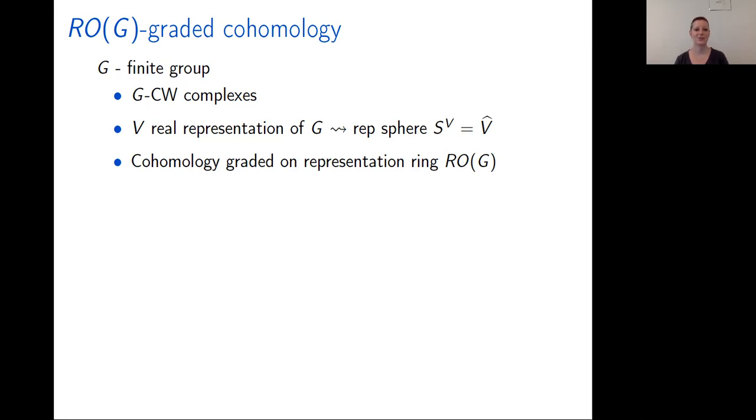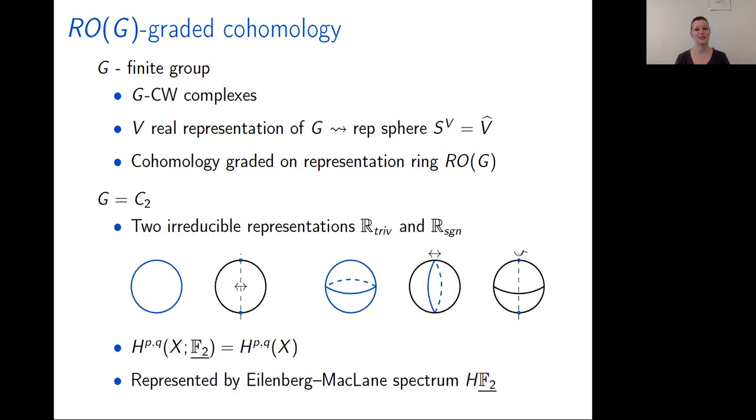This equivariant cohomology theory takes into account these representation spheres in the sense that it has a nice suspension isomorphism with respect to them. And that makes this cohomology graded on the real representation ring, RO(G). For G equals C2, the cyclic group of order 2, that's a bi-graded theory because of the trivial representation and the sign representation.